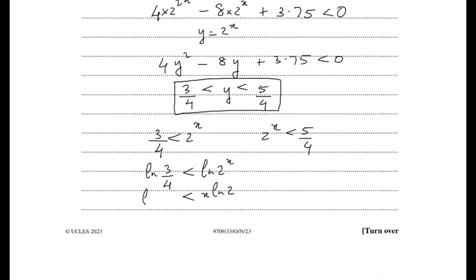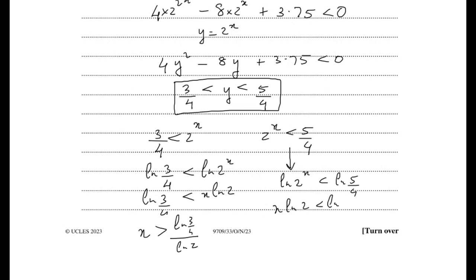So we have x greater than log of 3 by 4 divided by log 2. For this one here, if we log both sides, we get log of 2^x less than log of 5 by 4. That becomes x log 2 less than log of 5 by 4, and we get x less than log of 5 by 4 divided by log 2.